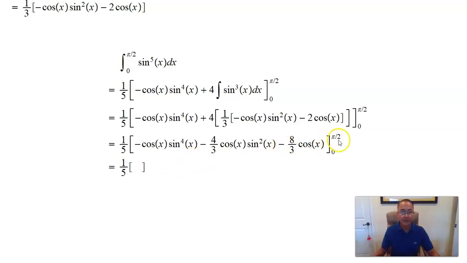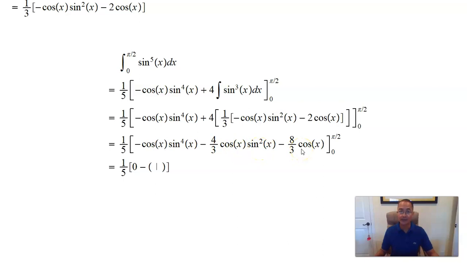At pi over 2, cosine of pi over 2 is 0, but cosine of x is everywhere. So we get 0 all over there. And then we plug in x is 0. But this time, sine of x is 0. So that goes away. That goes away.